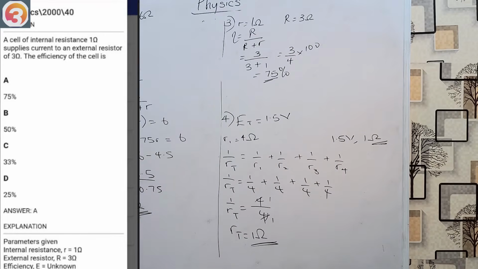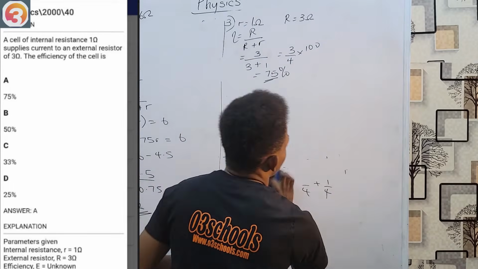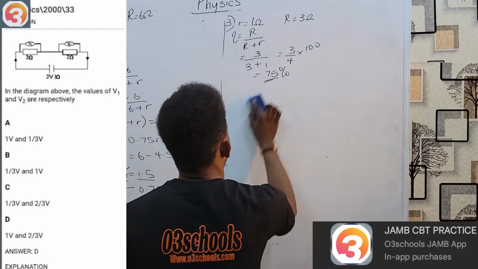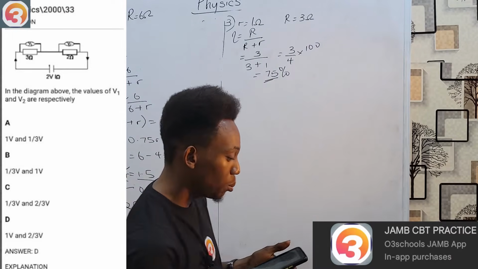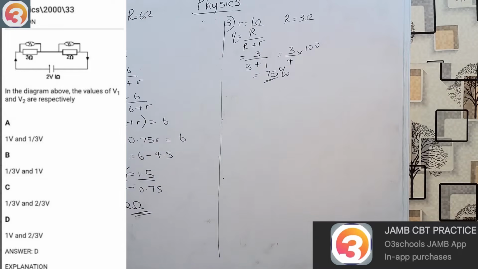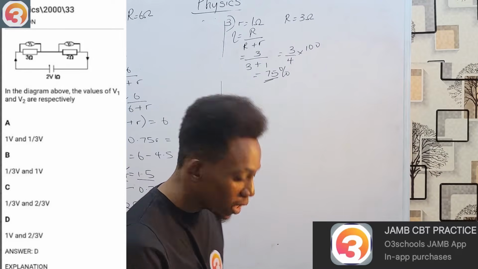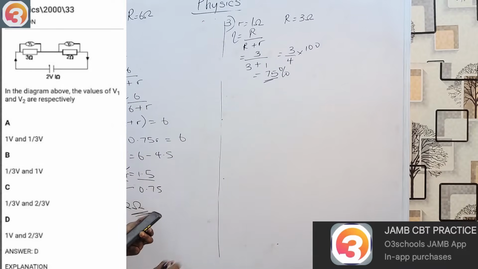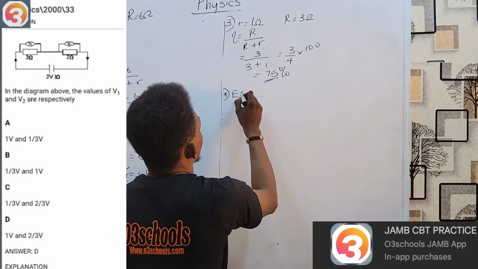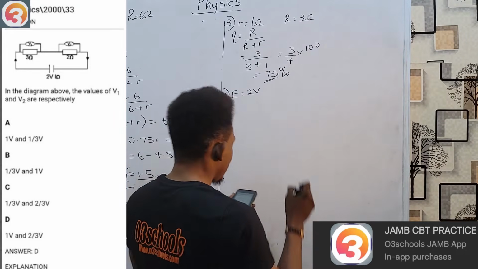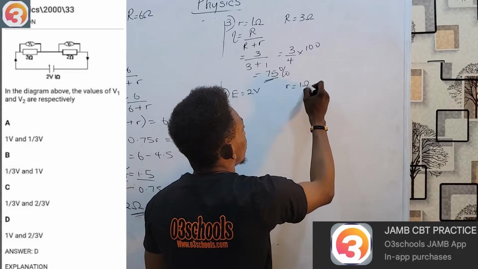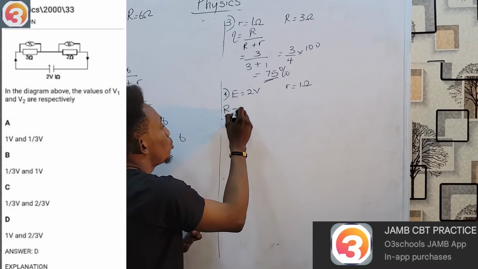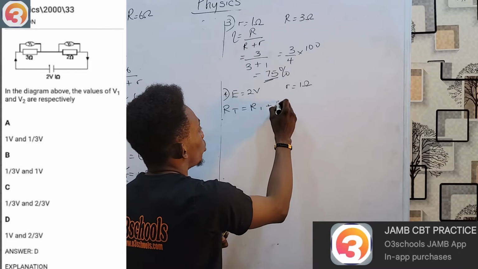The same year 2000, but now let's look at question number 33. In this question, we have a circuit as shown on your app. And we are simply told to find the values of V1 and V2 in this circuit. Now, all I have to remember is my EMF is 2 volts. My internal resistance, as shown in my diagram, is 1 ohm. Then I have 2 resistors in series there. Connecting them together, RT is R1 plus R2 as usual.